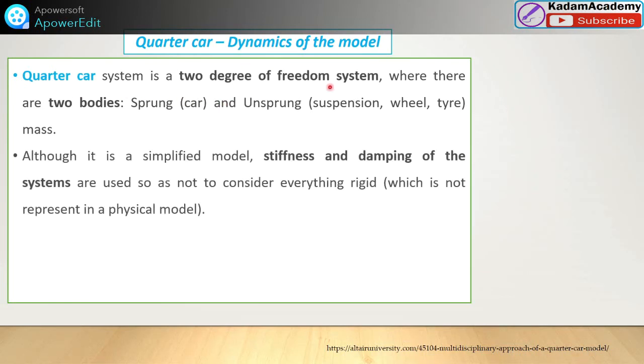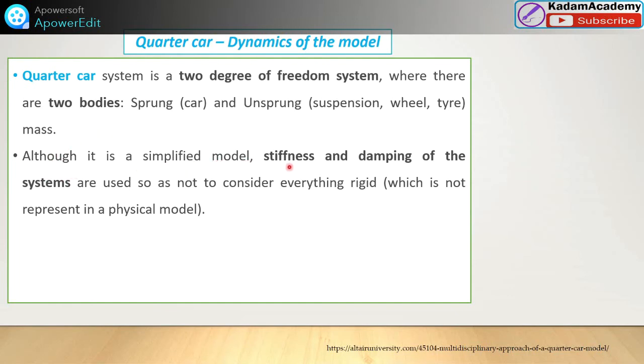It is considered as a 2-degree of freedom system where there are two bodies, the sprung mass and the unsprung mass. Sprung means the car body, unsprung means the suspension, tire and wheel mass that we are considering.